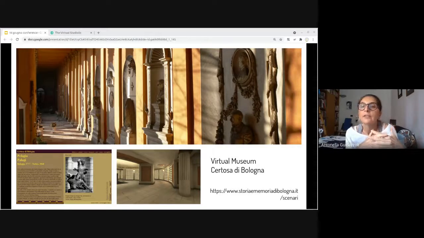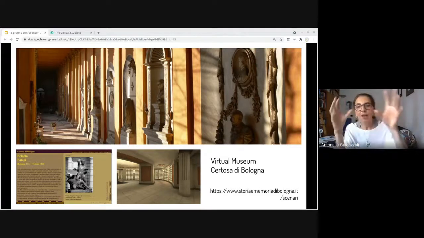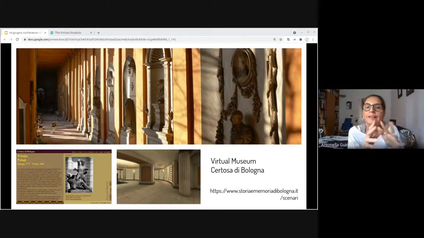And the idea was also to connect it to the real database of the dead people, but I think that maybe it was too early to propose a sort of historical digital twin of a cemetery.